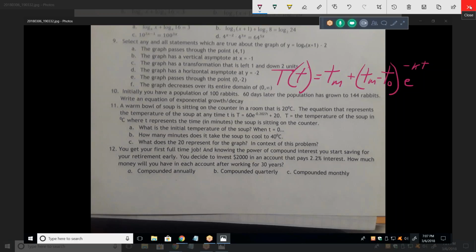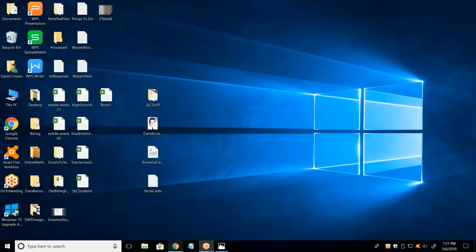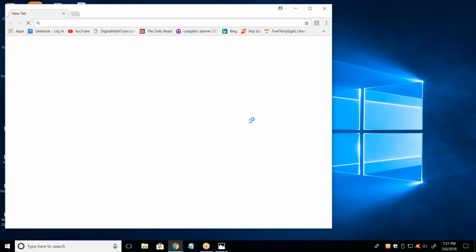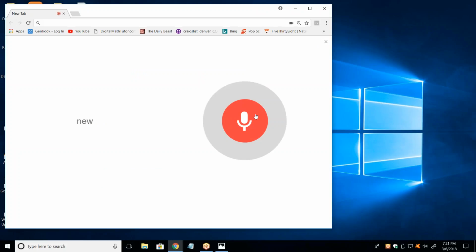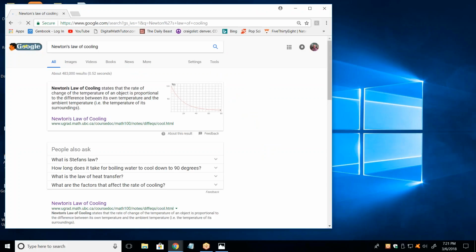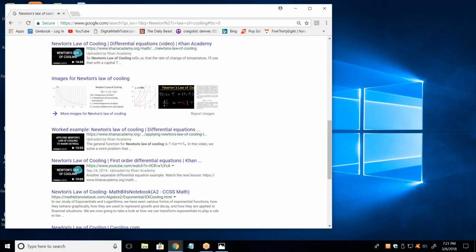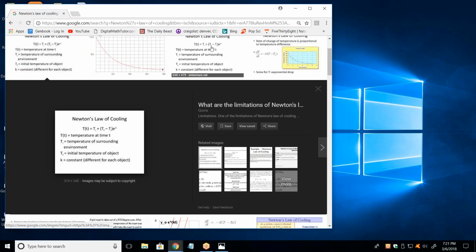Which I can't do without erasing what I just did. That's okay. Newton's law of cooling. According to ugrad.math.ubc.ca, Newton's law of cooling states that the rate... T equals, oh, sure.